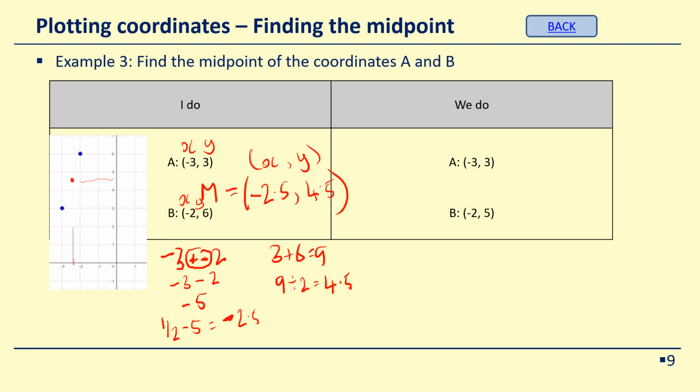Okay, 3 seconds, and then I'm gonna do the answer. 3, 2, 1. So for the x, minus 3 add minus 2 is minus 5. Minus 5 divided by 2 is minus 2.5.